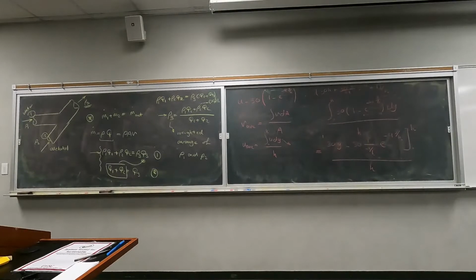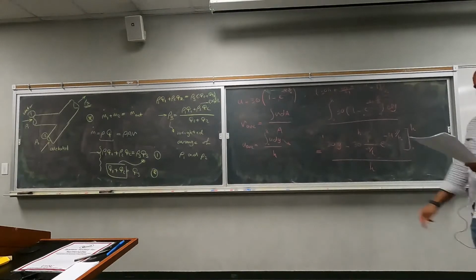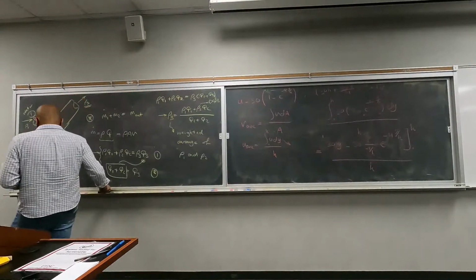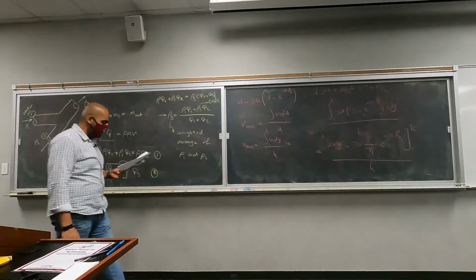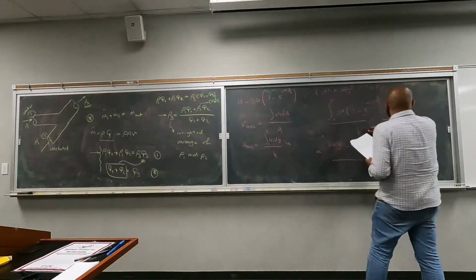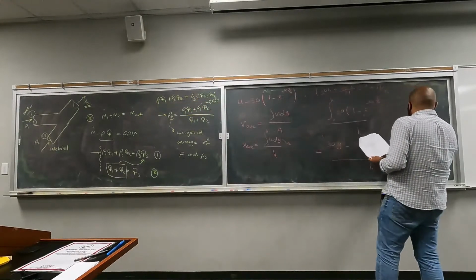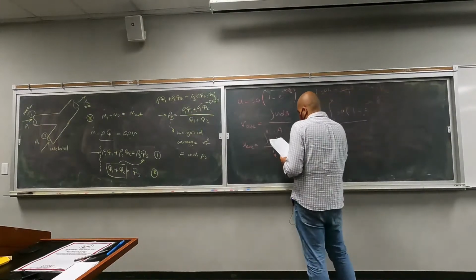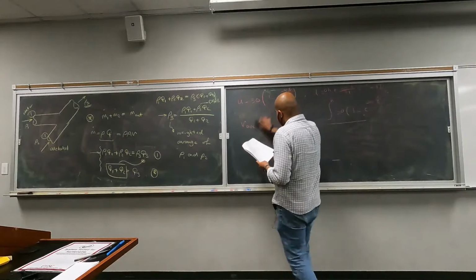Problem number 7. This is a Buckingham Pi theorem problem, right? It is telling us the excess pressure inside a bubble is known to be dependent on the bubble radius. Let me actually write this. And the surface tension.